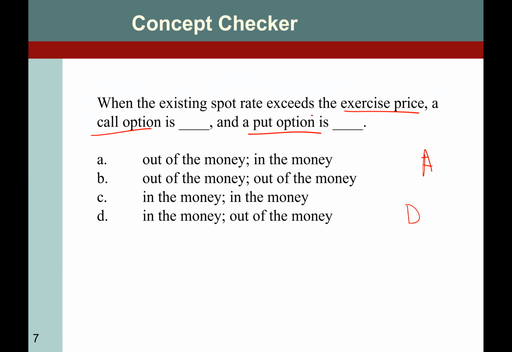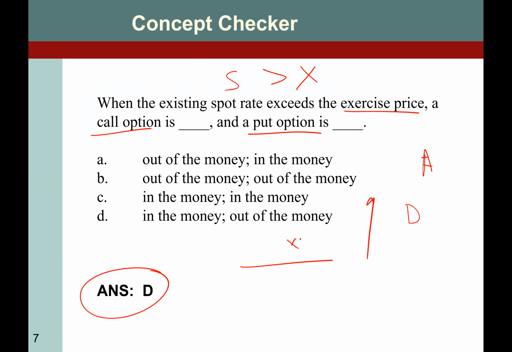Let's see the answer here. I think it's D for me. Yes, D. Why is that? When the spot price exceeds the exercise price, the call option is in the money, which means you are more likely to exercise it. At expiration, when the spot price is higher and the exercise price is lower, you exercise the call option.